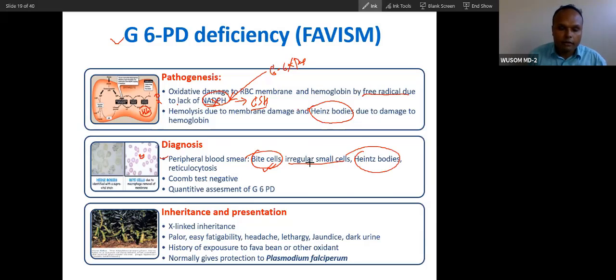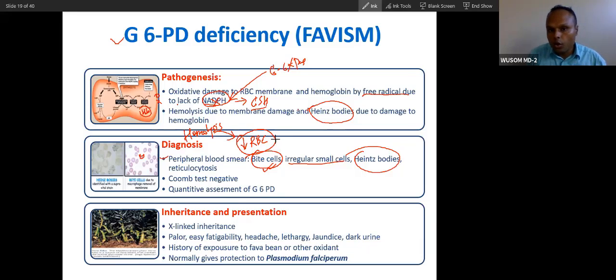Bite cells and Heinz bodies are very peculiar to this, and because this is hemolytic anemia, which means low RBC, when there is hemolysis, this will cause low RBC.